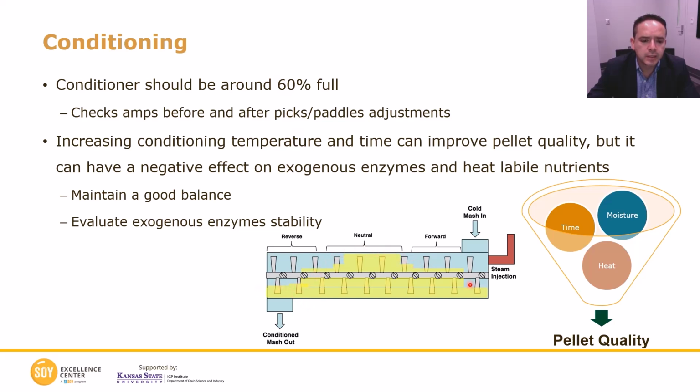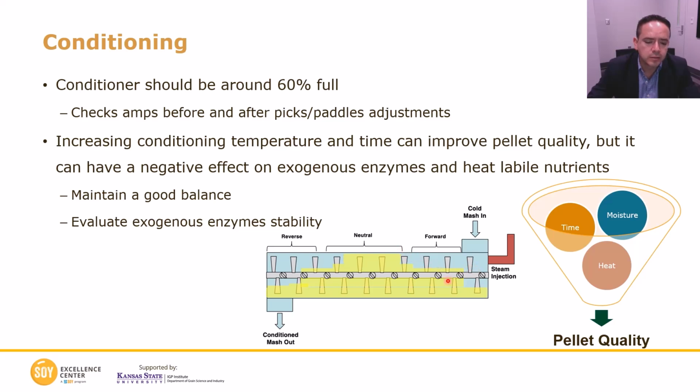And as you can see in this picture, there is like a mountain inside the conditioner. And this is important because if you are injecting steam in this side of the conditioner, the steam is going to move to the path of less resistance.